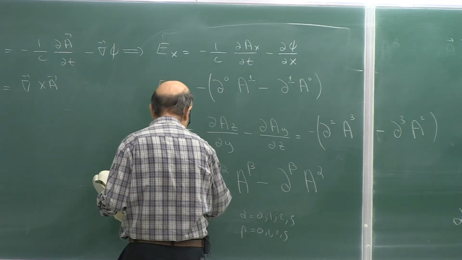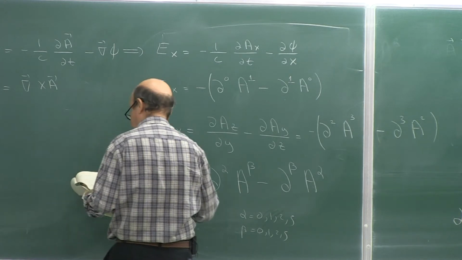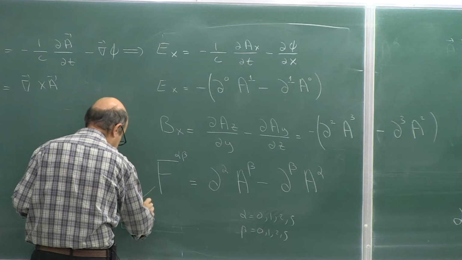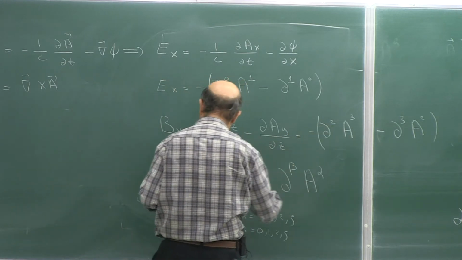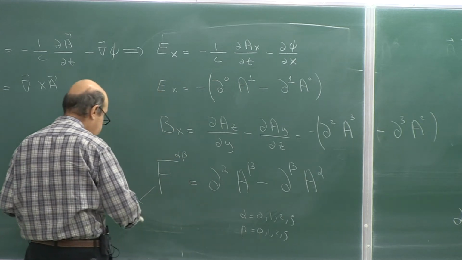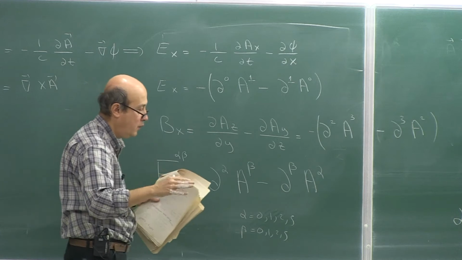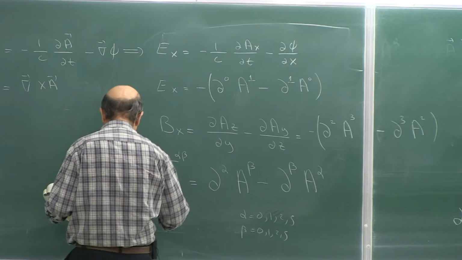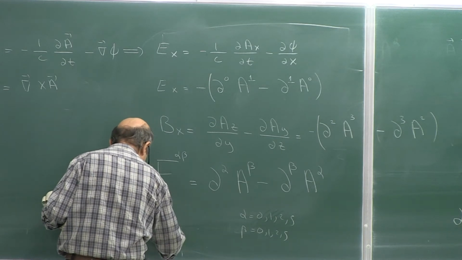And this is called the field strength tensor. It is second rank because for each value of alpha and beta you have quantities. Those quantities are the x, y, z components of the electric and magnetic fields.